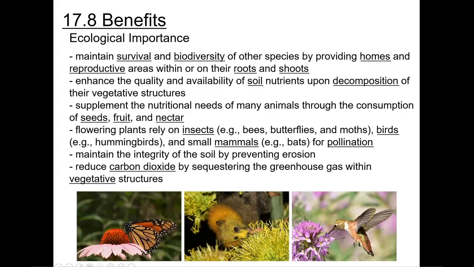Flowering plants are going to rely on insects such as bees, butterflies, and moths, birds, hummingbirds, and small mammals such as bats for pollination. They maintain the integrity of the soil by preventing erosion, and they reduce carbon dioxide by sequestering the greenhouse gas within vegetative structures, and they're going to use that to perform photosynthesis and create glucose out of it.